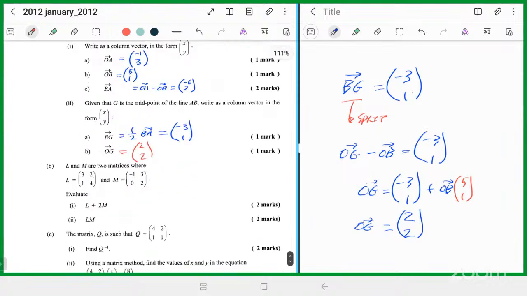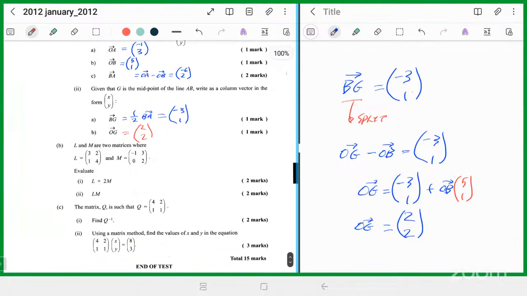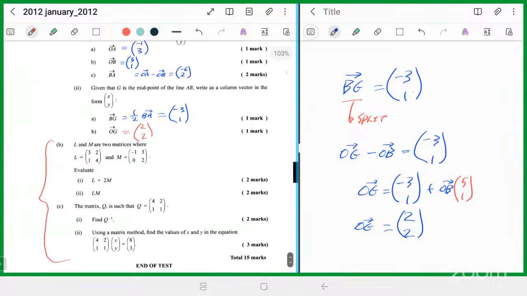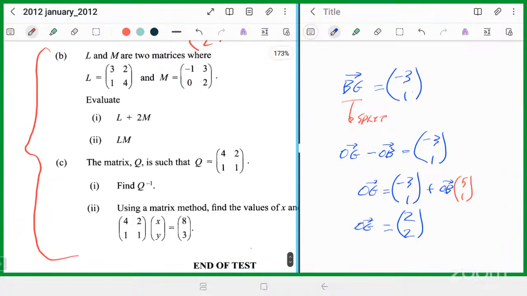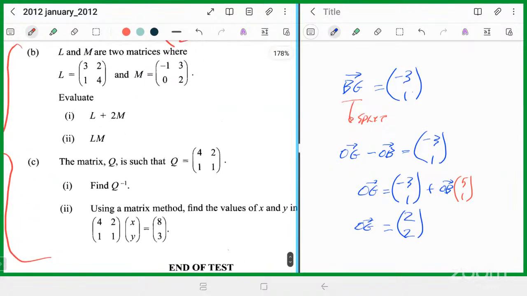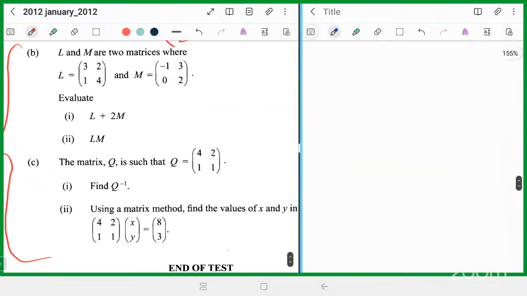Down here now are matrices. Parts B and C are straightforward matrix questions. I'm going to do those on the right side of the screen. Part B says L is this matrix and M is that one, and I want us to do L plus 2M.